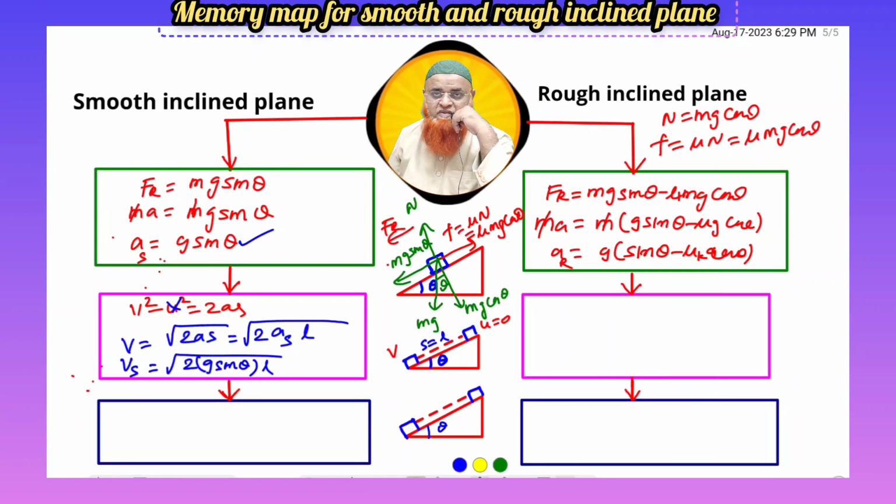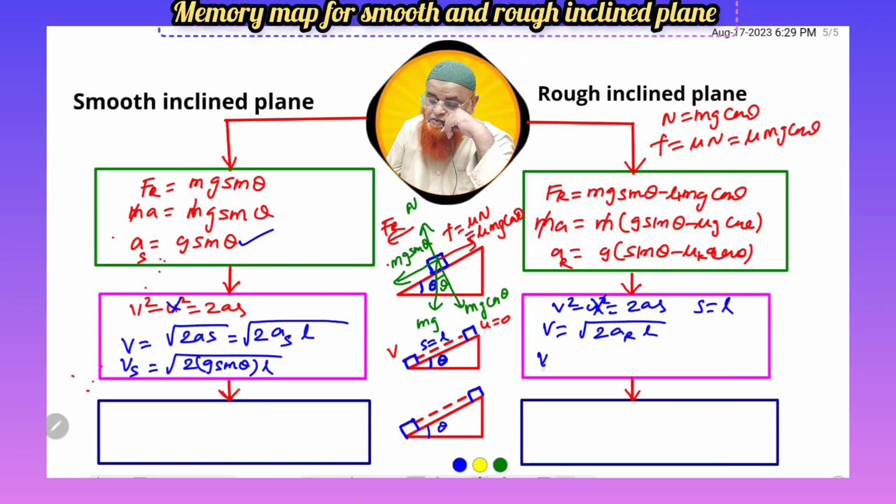Then what is the velocity of a rough inclined plane when it touches the bottom point of the wedge? We can write the same formula, v square minus u square is equal to 2as. Initial velocity is 0 even if it is a rough inclined plane, therefore velocity is going to be square root of 2a rough into L, where displacement s is taken as the length of the wedge.